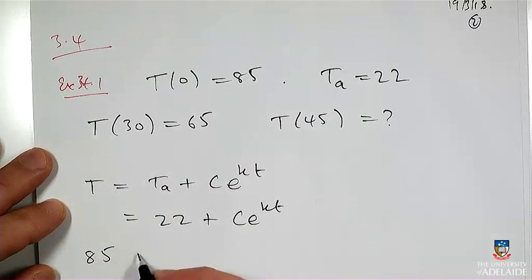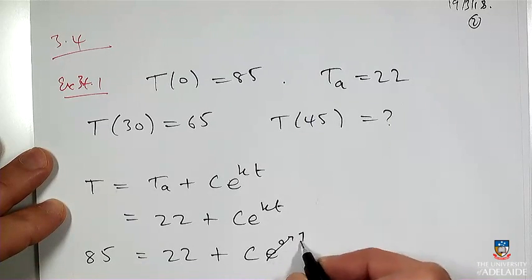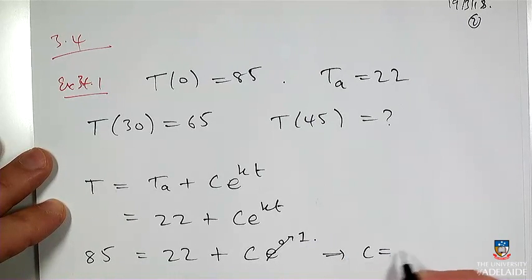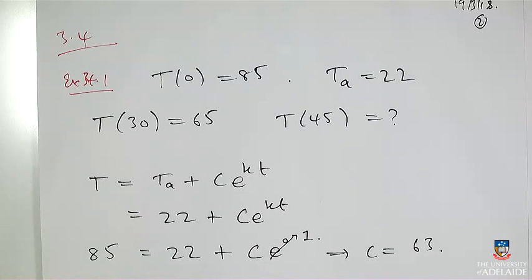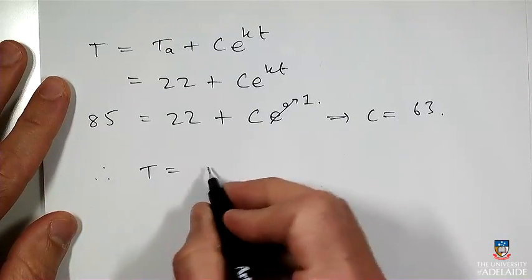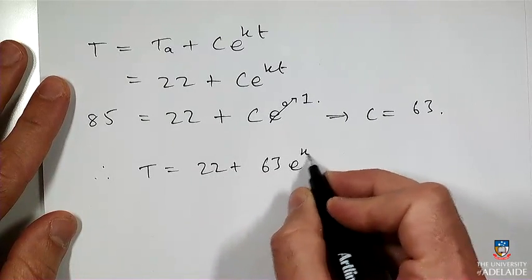So 85 is 22 plus C times e to the 0. Well, this is 1, so C is 85 minus 22, which is 63. In fact, it always works out like that: C will be the difference between the initial temperature and the ambient temperature. So T is 22 plus 63 e to the kt.